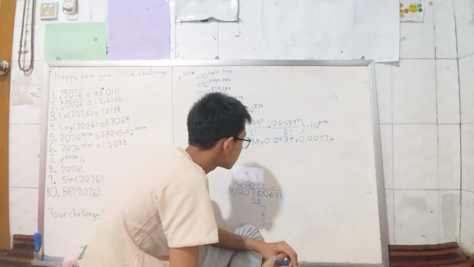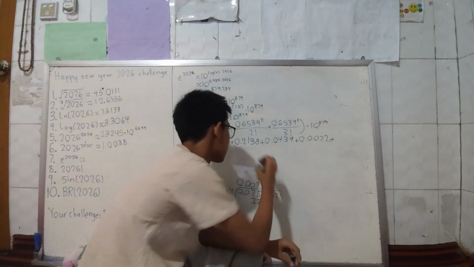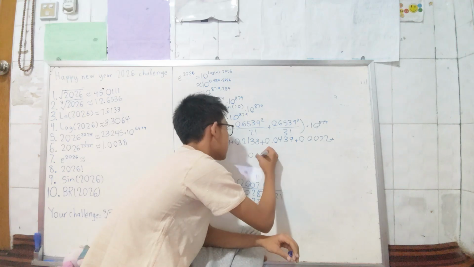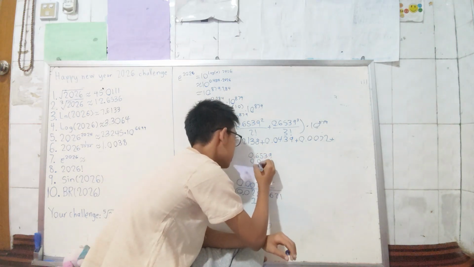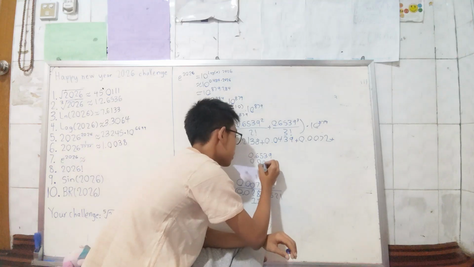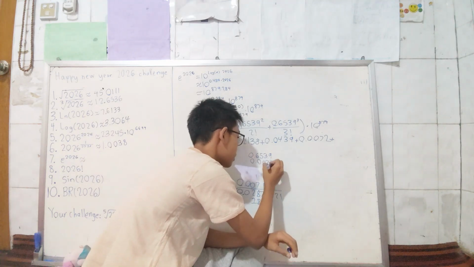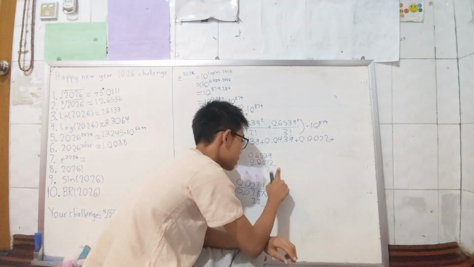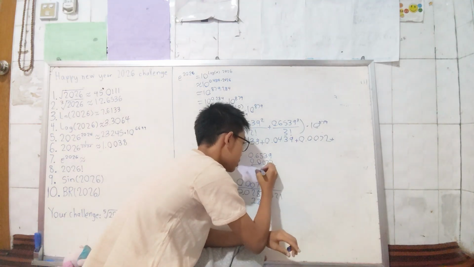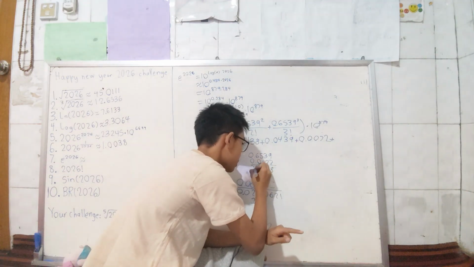And then 0.6539 over 0.0072. That's gonna be 72, 78, 13.